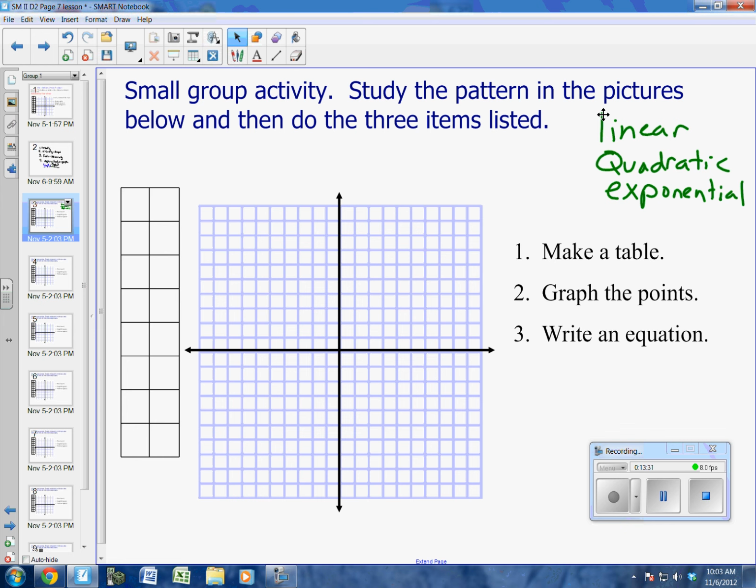So you two are going to turn around and work with those two. You two are going to work with those two. Hurry back. You two are going to work with those two behind you.